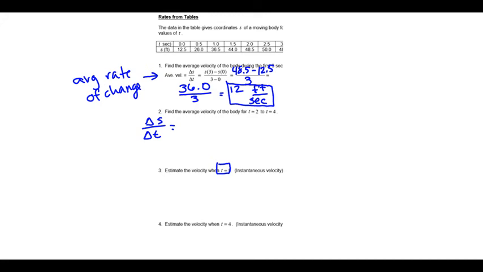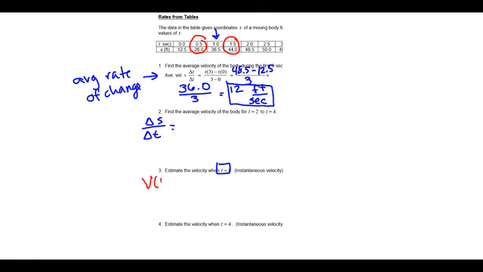So on a table, right, we know what t equals 1 is, but we want to know the estimated velocity. So we're going to look at the value right before and the value right after to help us find the rate of change.